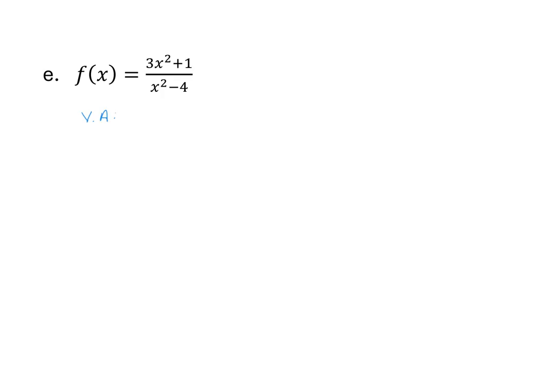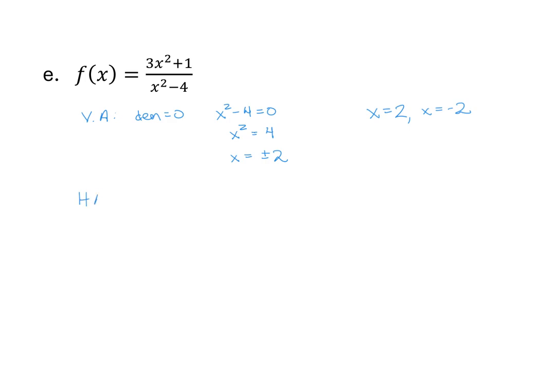All right, vertical asymptotes. We want our denominator equal to 0. And if we set our denominator equal to 0, we can either factor or use the square root property. And we should get x equals plus or minus 2. Again, remember, because they are not numbers, they are equations of lines, we do want to separate this. So we want x equals 2 and x equals negative 2.